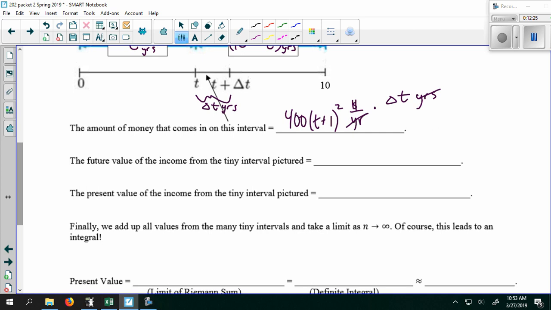So the future value is the present value, 400 times (t plus 1) squared delta t. That's the current amount of money. And I'm going to project it forward. So I do times e to the r, which is 0.04. And then how long are we projecting it forward? 10 minus t years.